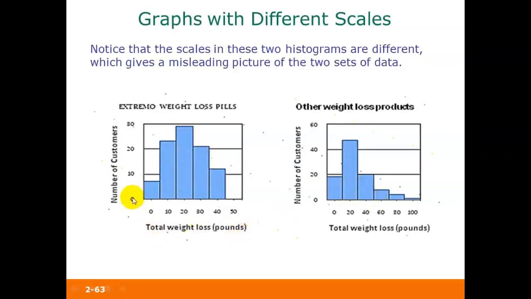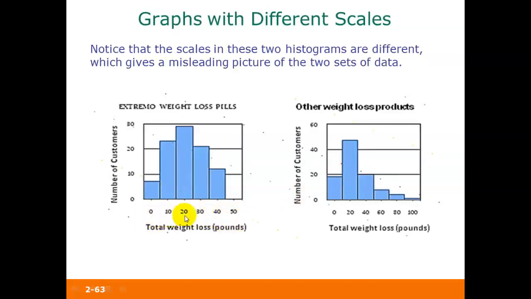But if you actually look at the numbers on the scales of the graph, the one on the left, the vertical axis only goes up to 30, while the one on the right, the vertical axis goes up to 60. The one on the left is exaggerating the frequencies of customers who lost weight compared to the other graph. Also, if you notice, the horizontal scales are quite a bit different.